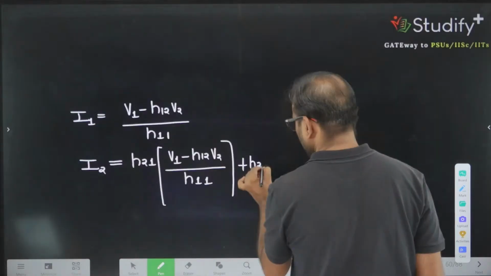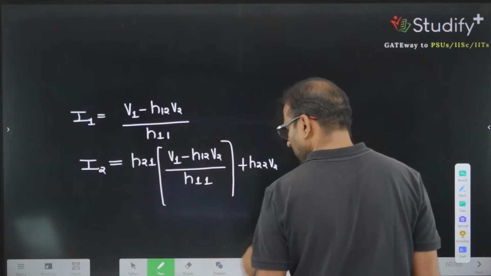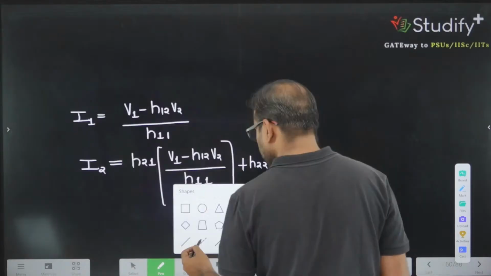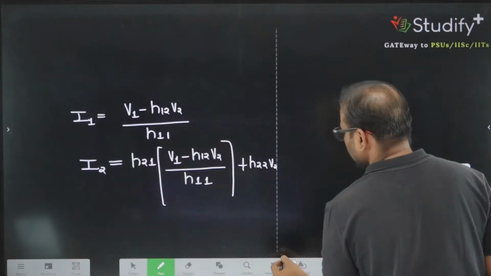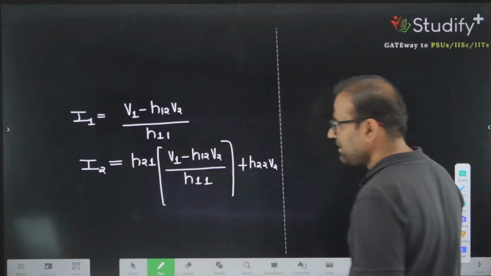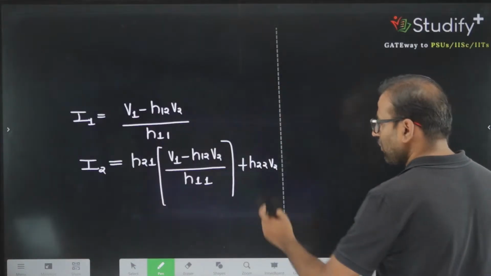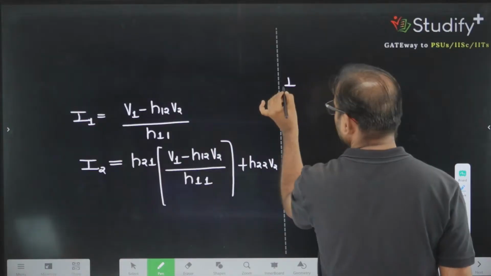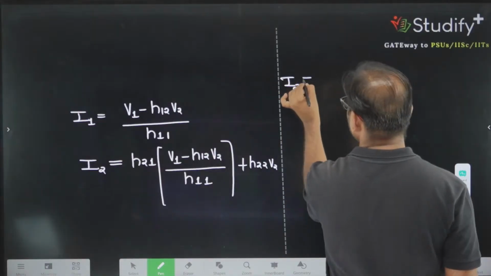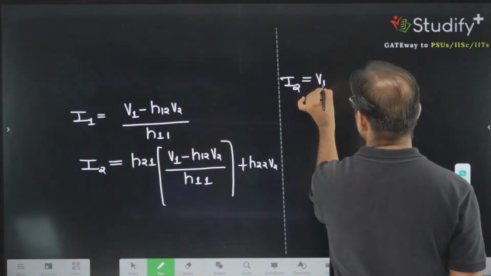H22 into V2. When I compare this, can I say what is the coefficient of V1? So coefficient I1, I2 can be written as V1 times of what?